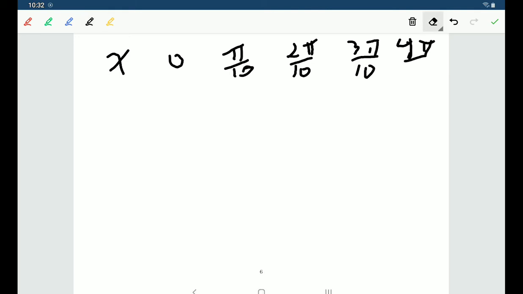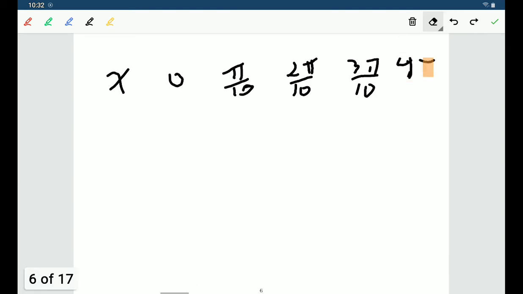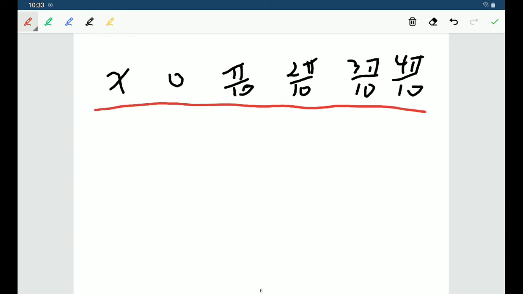I'm just going to make that look a little bit nicer. All right, and I'll just draw some lines in here to make a little table. There we go.